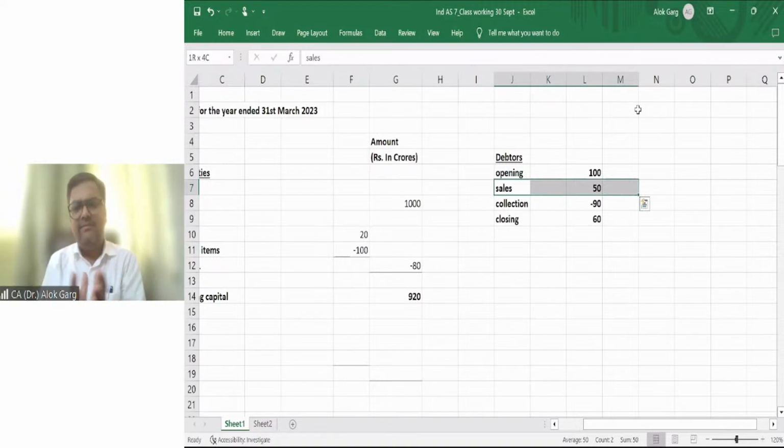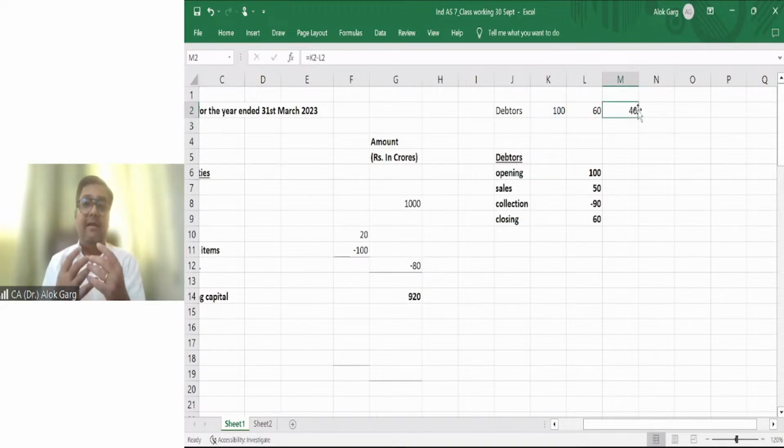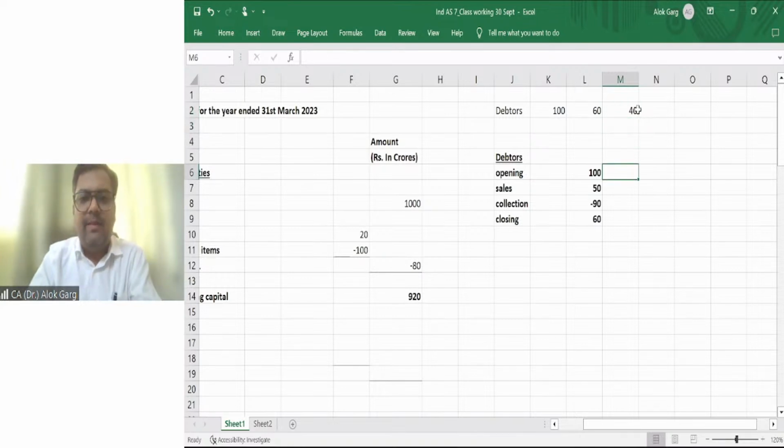Net, I can say that 90 crore has been collected. If I look at the debtor balance, opening 100, closing 60, I'm talking about net movement. I have a net movement of 40 crores from the debtors. It means net, I have received the money of 40 crore if I compare my opening with closing.